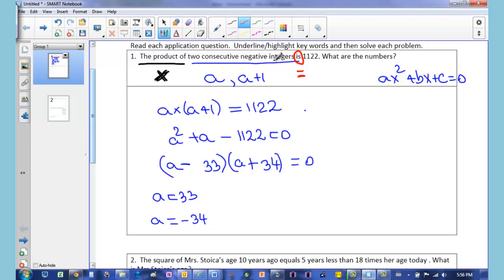However, my problem did mention I need negative integers. So a equals 33 is not a good solution for me. I can't use this one any further. But I can find the second integer by starting with negative 34. So what's the consecutive one? It is negative 33.